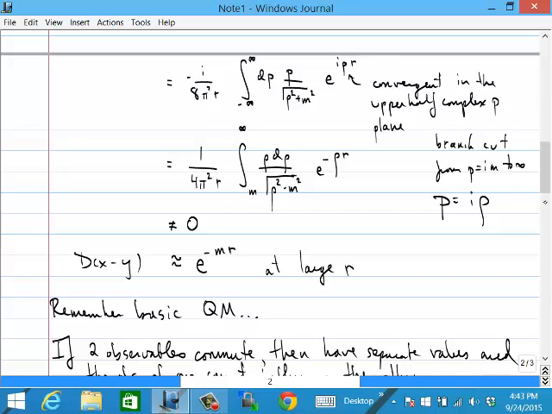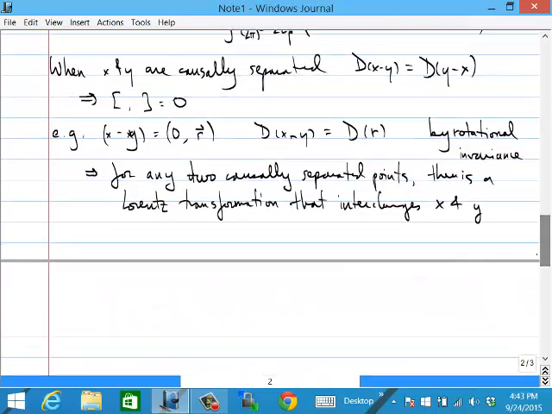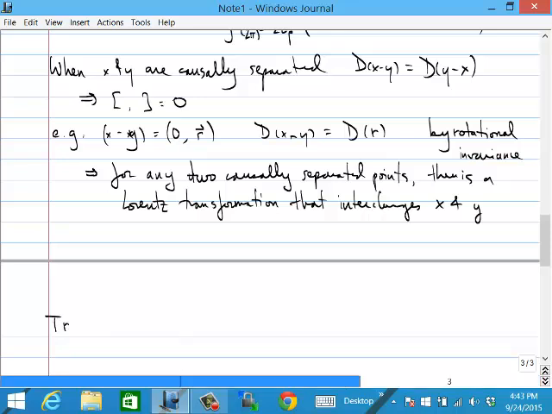Great. Okay, so what I'd now like to do is present an elegant trick for writing down correlation functions in momentum space.